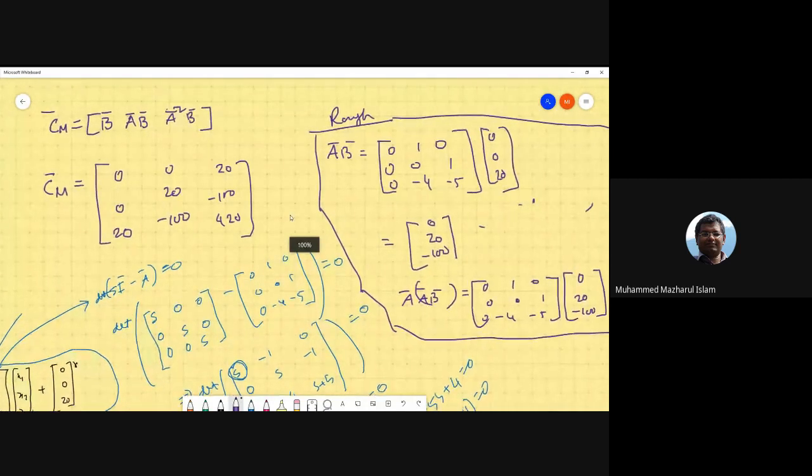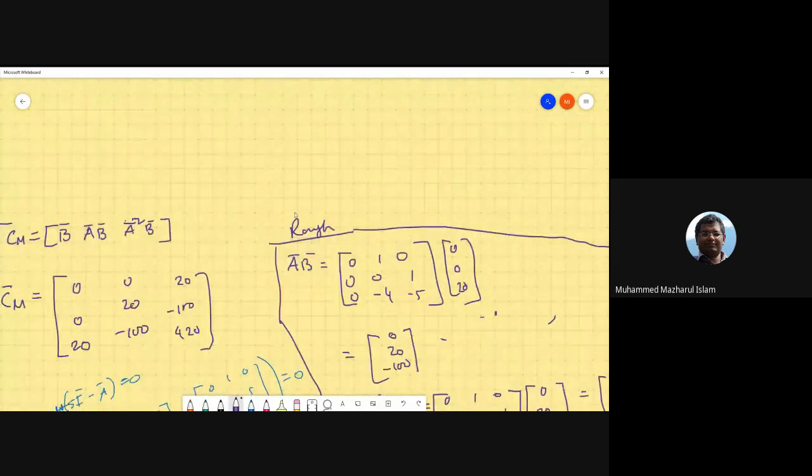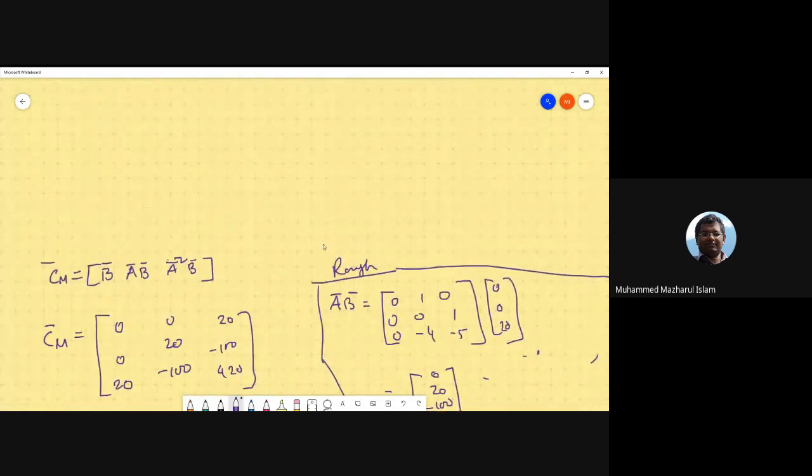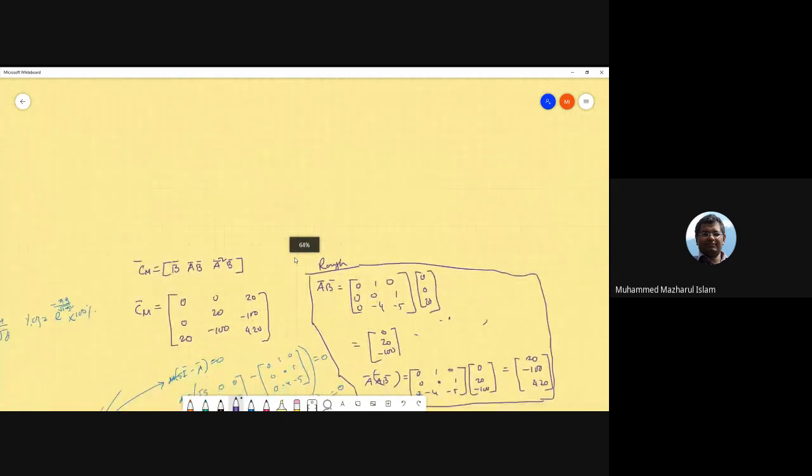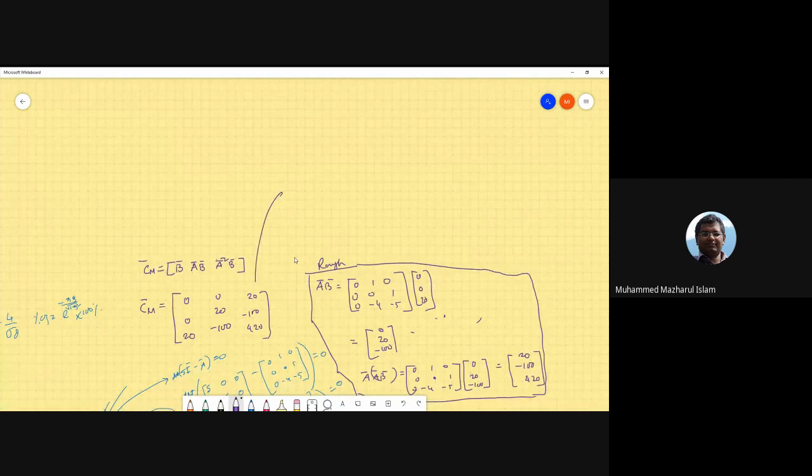The determinant of this one would be, you can expand along the first column, 0 into 0, everything along the first column, plus minus plus, so 20 and 20 into 0 minus 400, right, minus 8000 I think, so not 0.